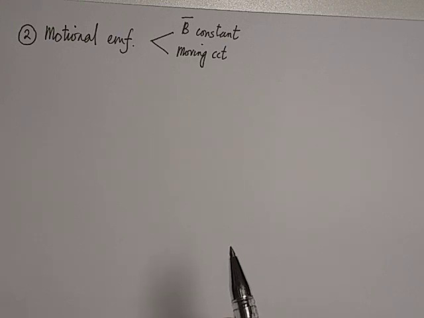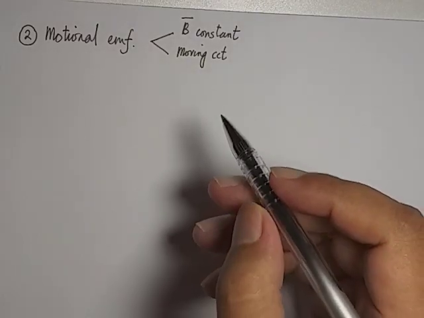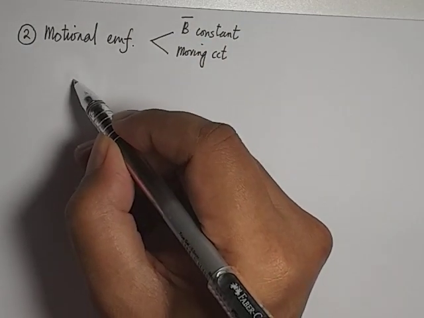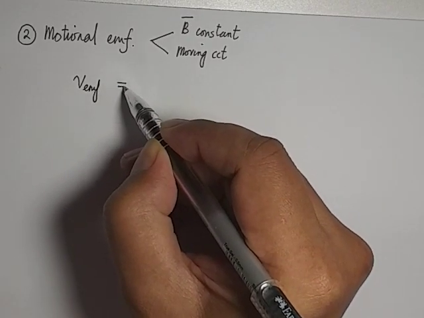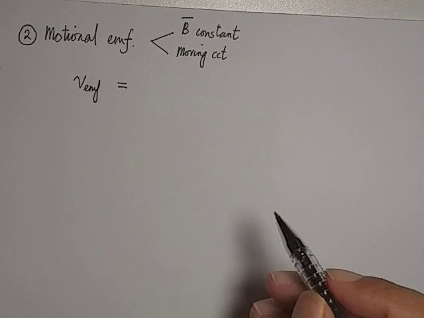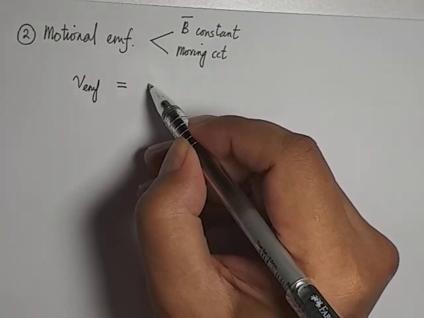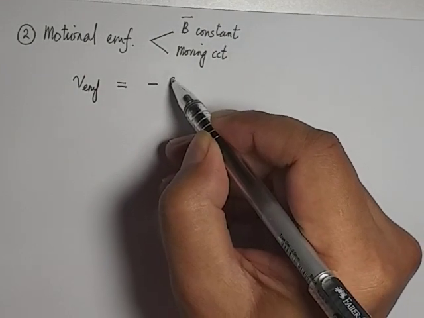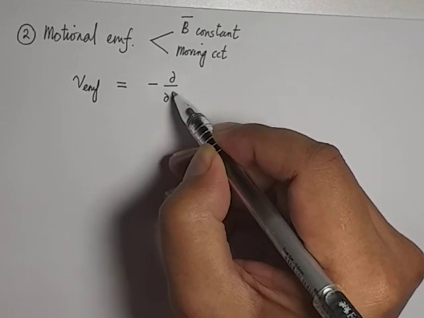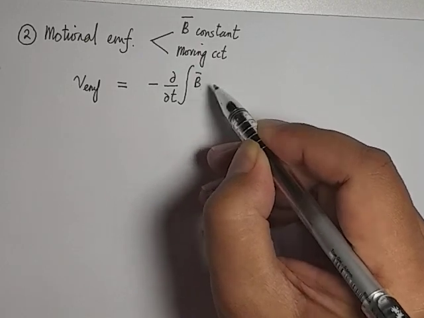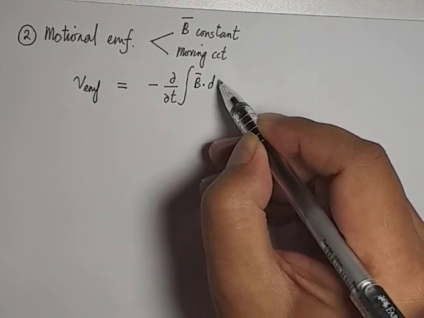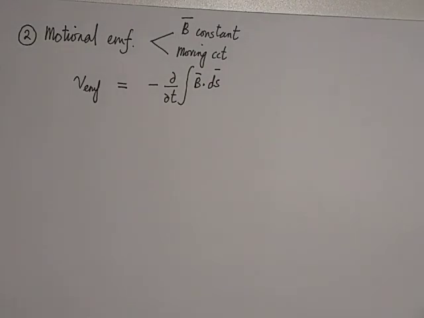So how can we actually solve motional EMF? The EMF can be calculated using the standard formula that we saw before, but here you have to do the opposite of what we have done before. What I mean by that is, before we needed to differentiate first, but here you need to integrate first.